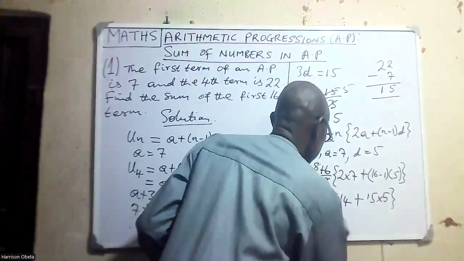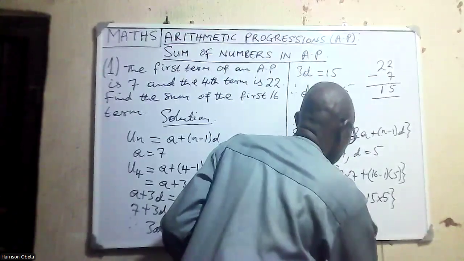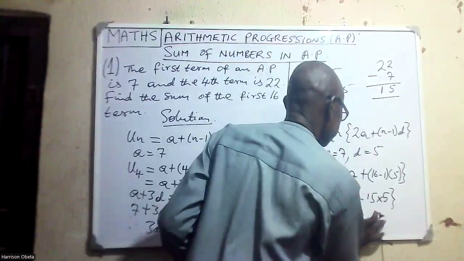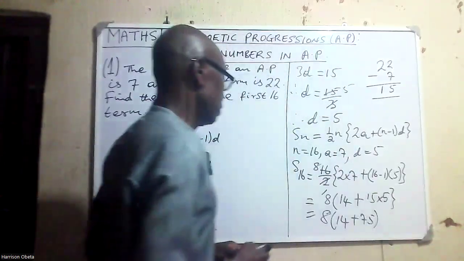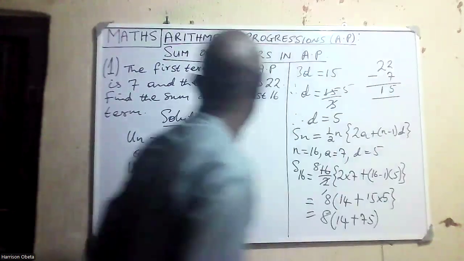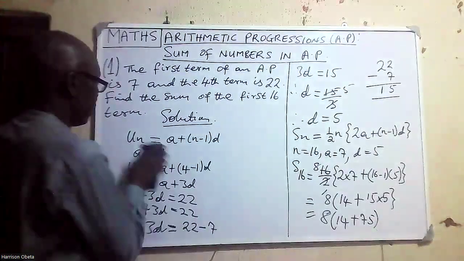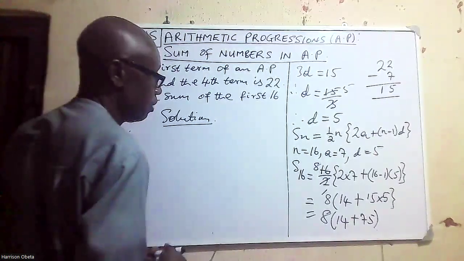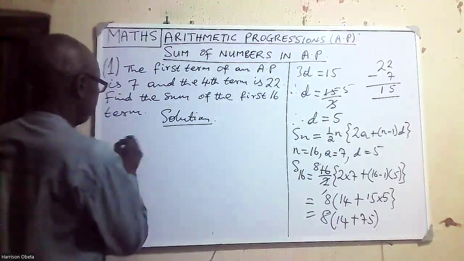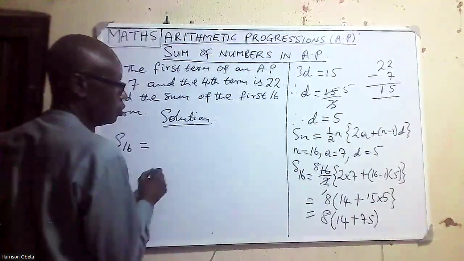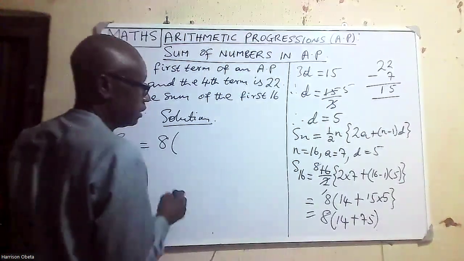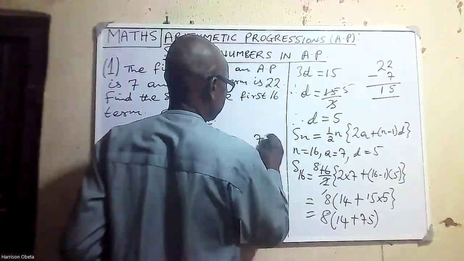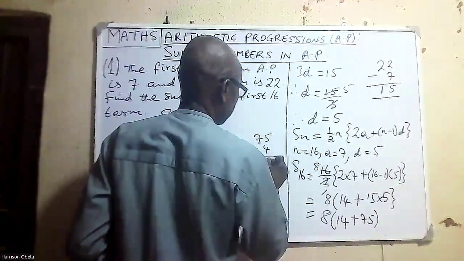So that would be 8 bracket 14 plus 75, close the bracket, and then you simplify further. So coming back here, we have S16 equal to 8 bracket 75 plus 14.